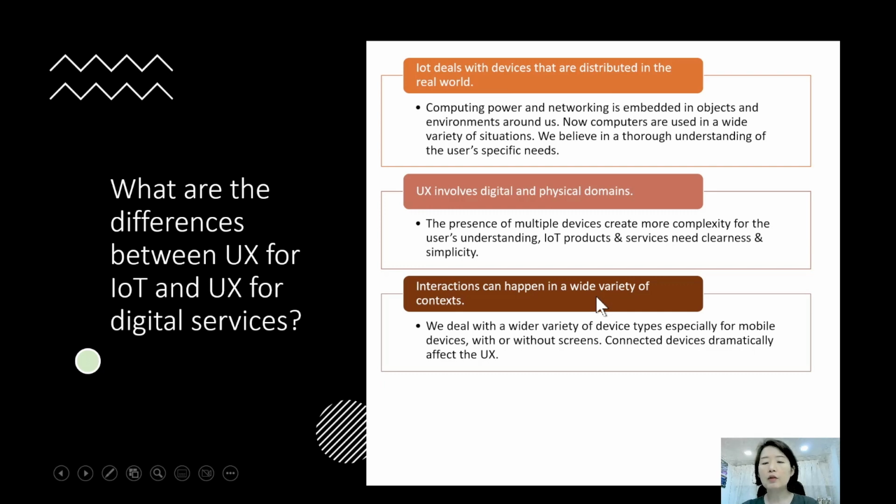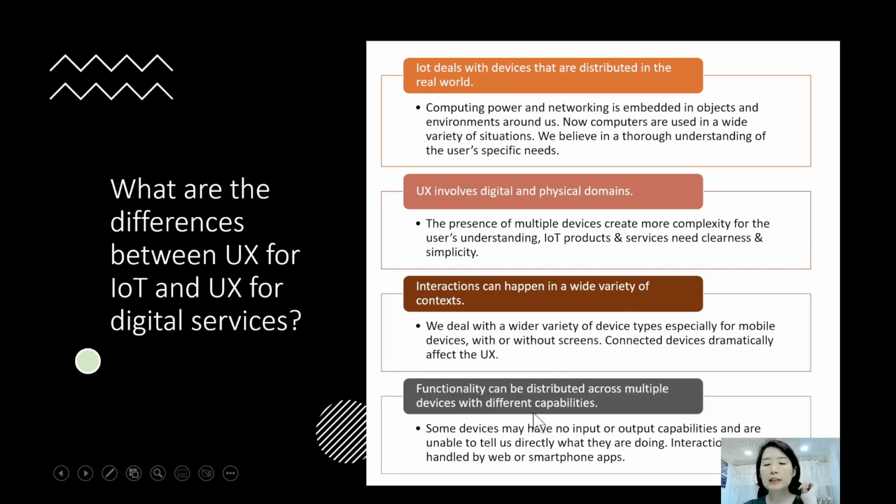Interaction can happen in a wide variety of contexts, because we deal with a wider variation of device types, especially mobile devices with or without screens. Connected devices dramatically affect the user experience. Functionality can be distributed across multiple devices with different capabilities.